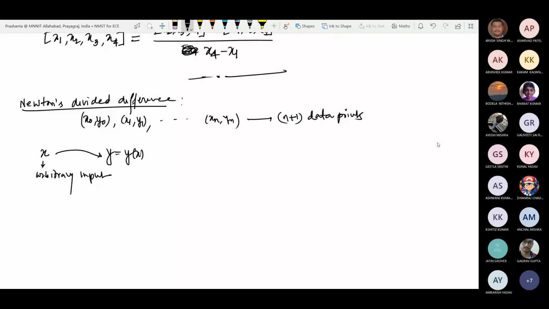So let us start with this. What is this quantity, the divided difference of x, x1? It is y1 minus y by x1 minus x.